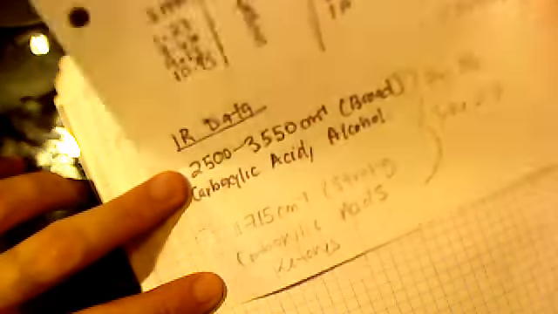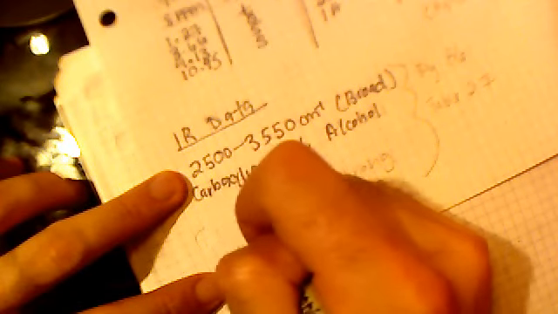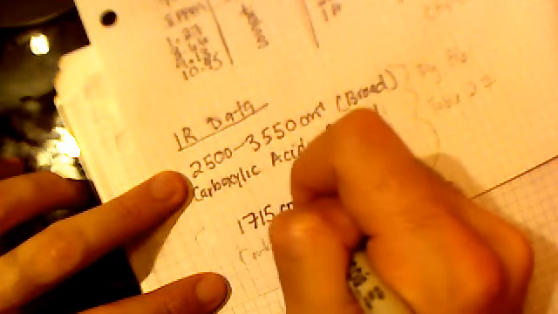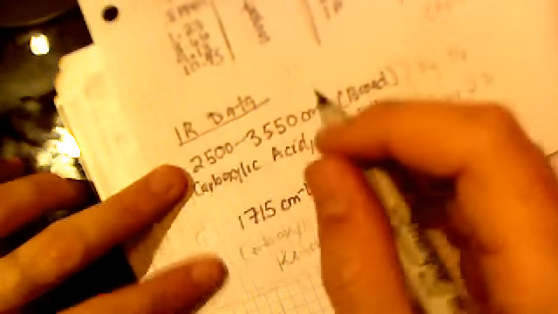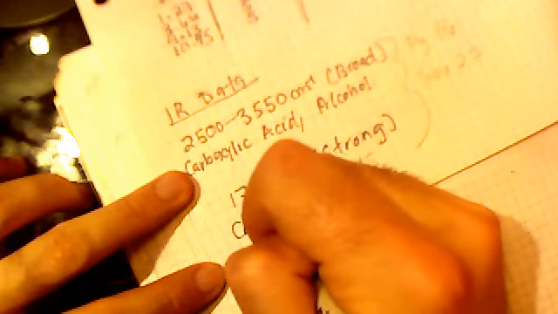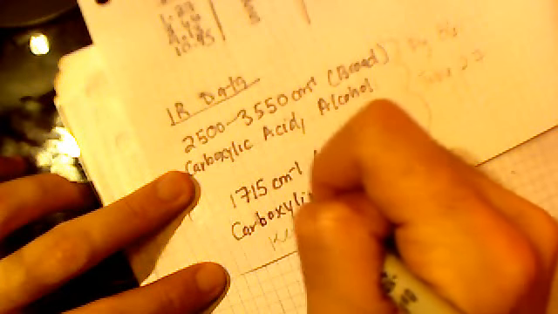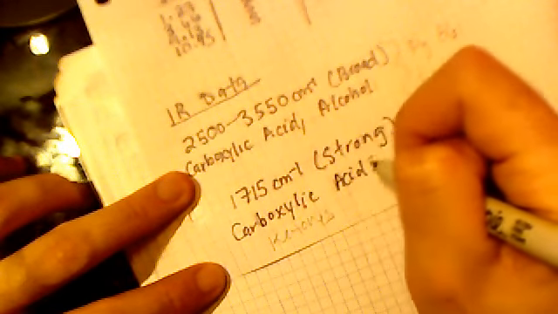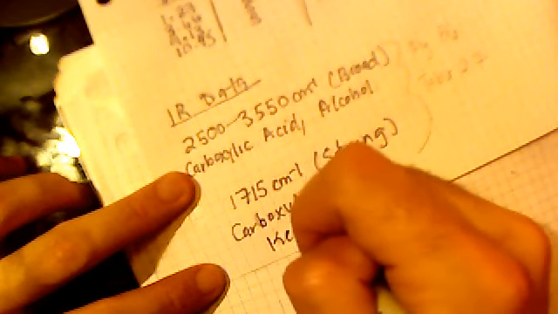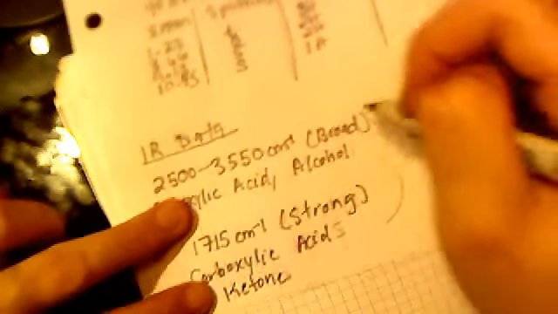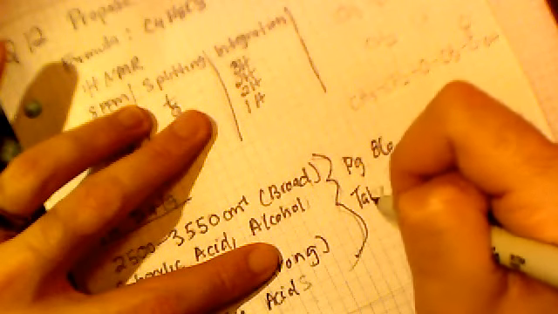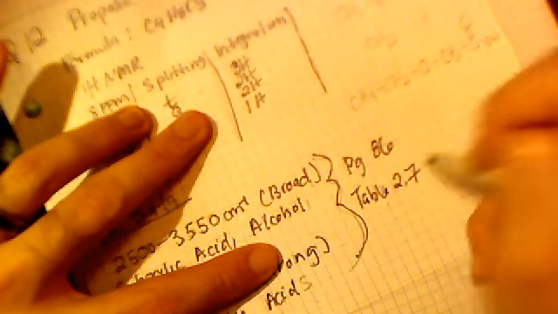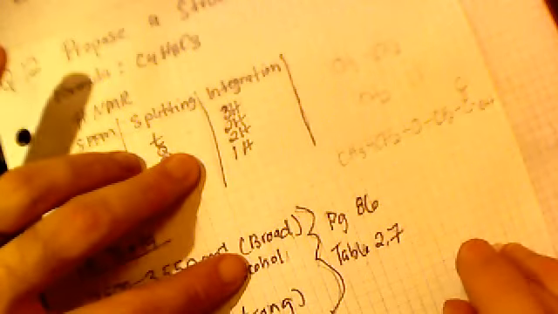And then there was also, at 1,715 reciprocal centimeters, a strong signal, and that's a carboxylic acid or a ketone, maybe. And I got all this information about the IR on page 86, table 2.7 in the Wade and Solomons book.